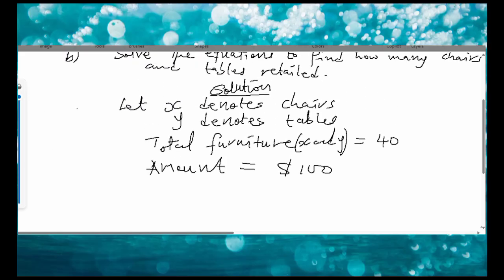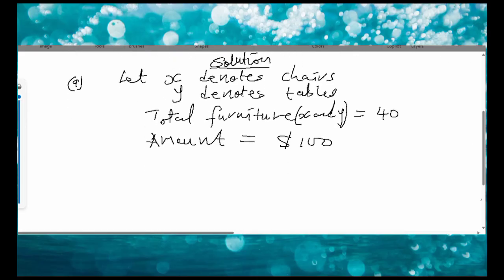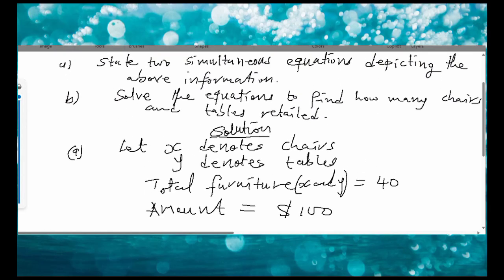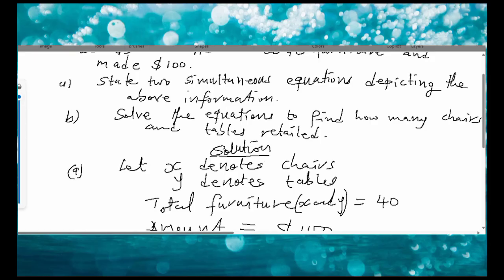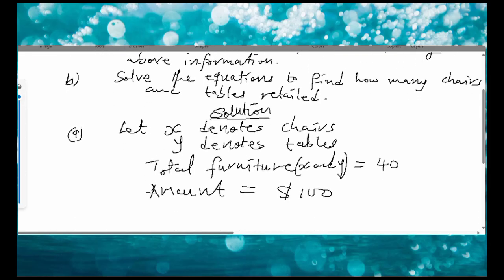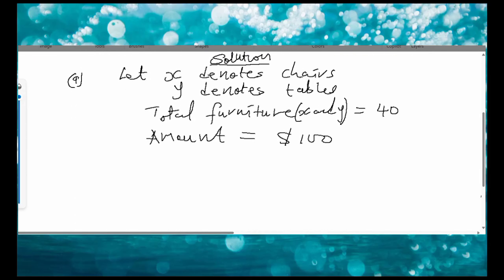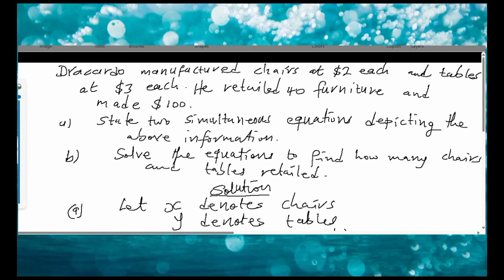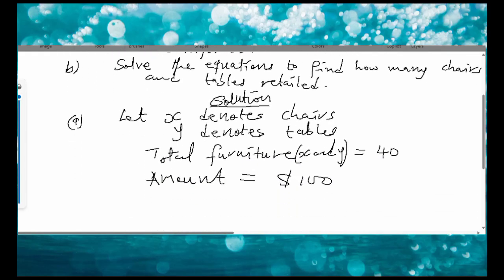Actually what we're doing is we're solving A. The A says that we should state the equations depicting the above information. So based on the question, Dracado manufactured chairs at $2 each and tables at $3 each. He retailed 40 furniture and made $100.